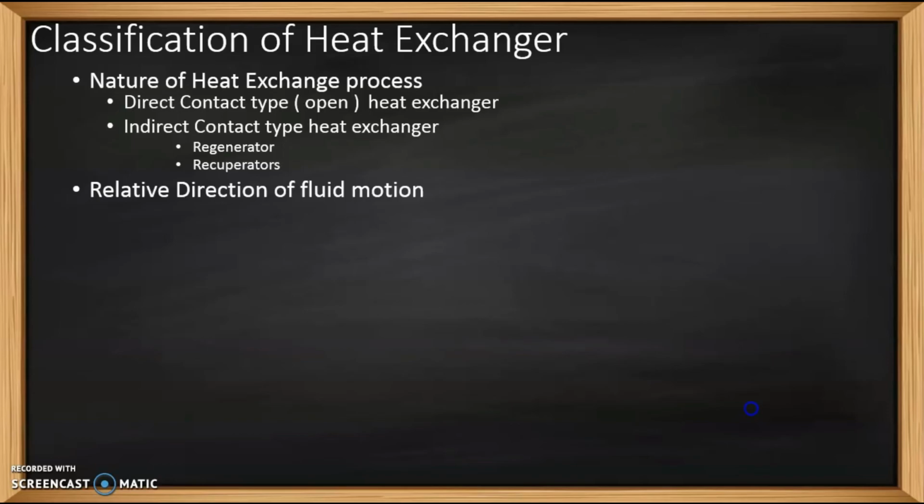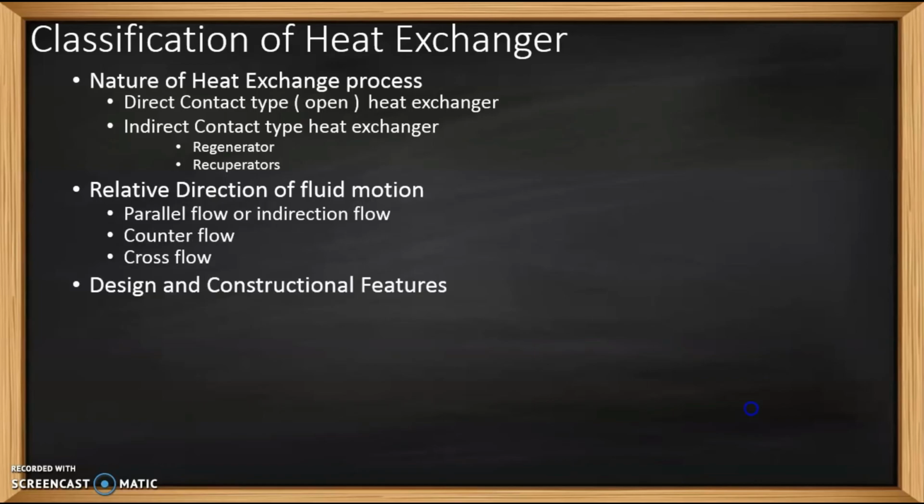Then the second classification is relative directions of fluid motions. Based on this criterion, we can classify the heat exchanger into 3 categories: parallel flow, counter flow, and cross flow. The third criterion is design and constructional features.